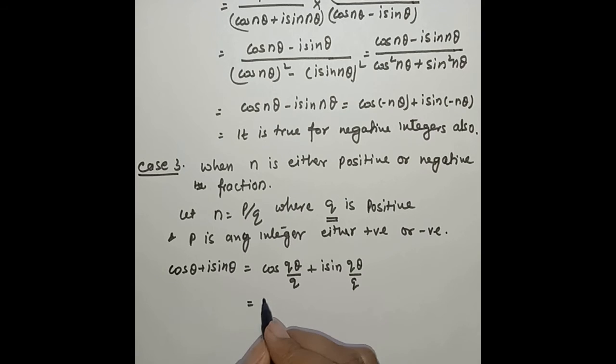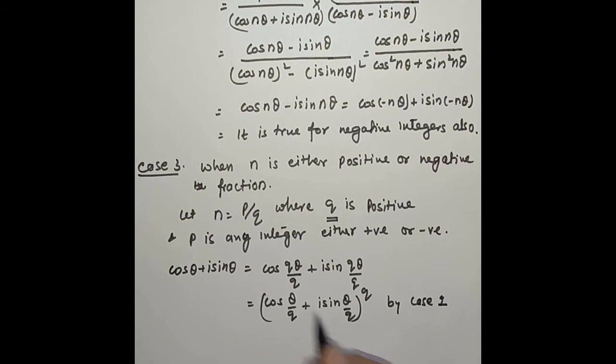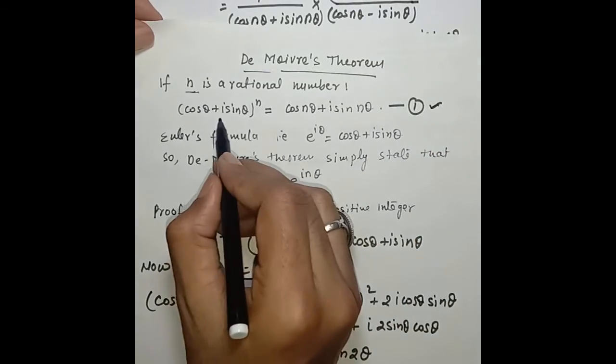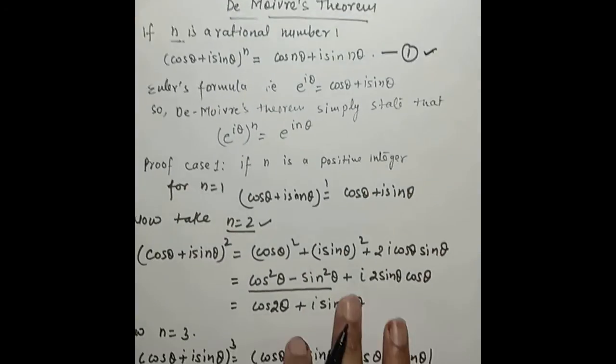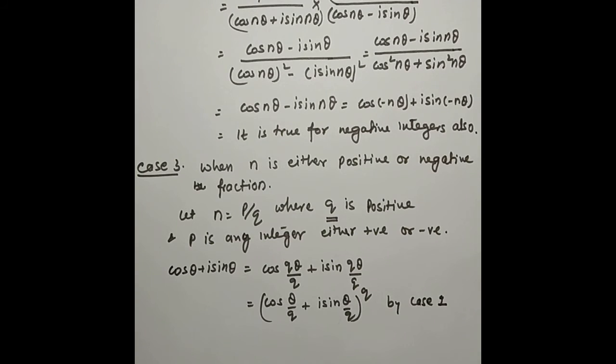This implies by case 1 we can write (cos θ/q plus i sin θ/q) to the whole power q, because equation number 1 is true for positive and negative integers and q is a positive integer.